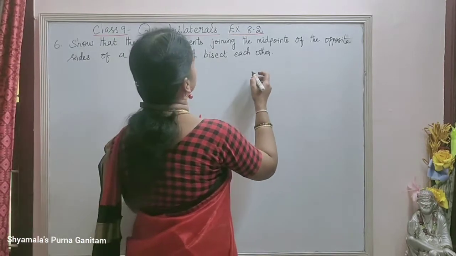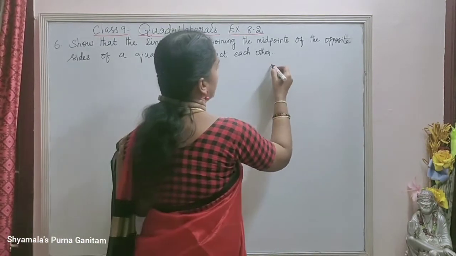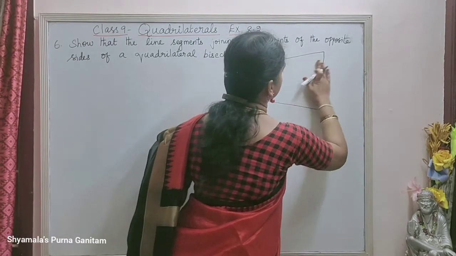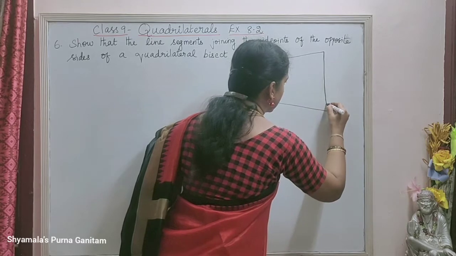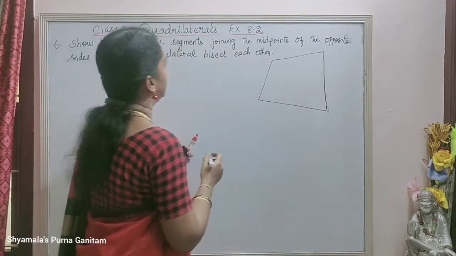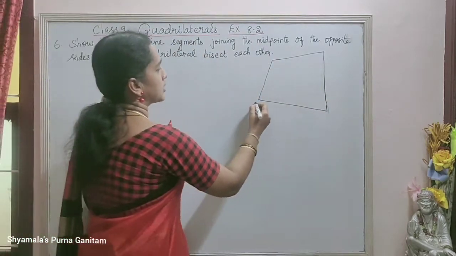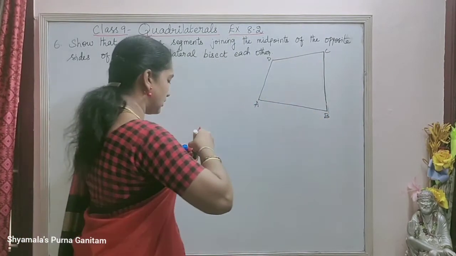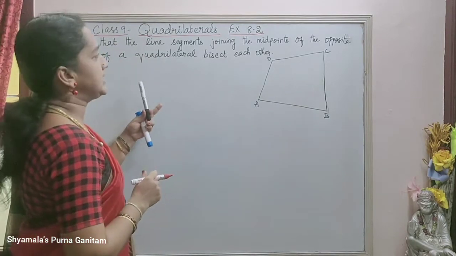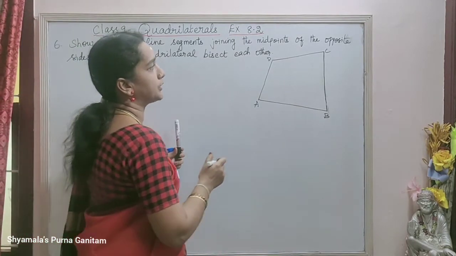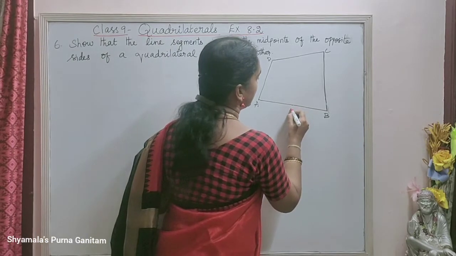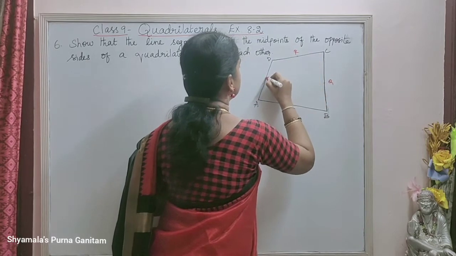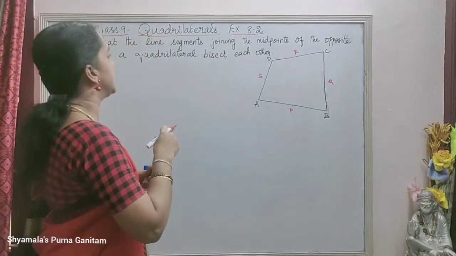So it is given that P, Q, R, S are the midpoints of the sides. So this is a quadrilateral. We will take this quadrilateral as ABCD.